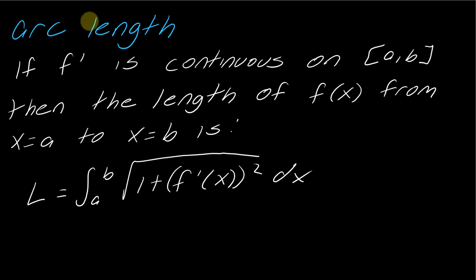Typically when arc length is first introduced, it's not parametric, it's just that you have some f of x equation. So this is the old arc length formula, which looks very similar to the one that's parametrically defined. And the parametric formula is actually just the more generalized version of this formula.